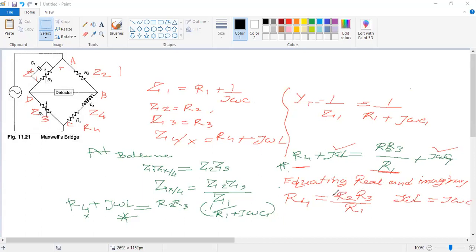There is another part here, j omega C1, and it is also multiplied by R2 and R3. So it is coming j omega, I am just erasing it.